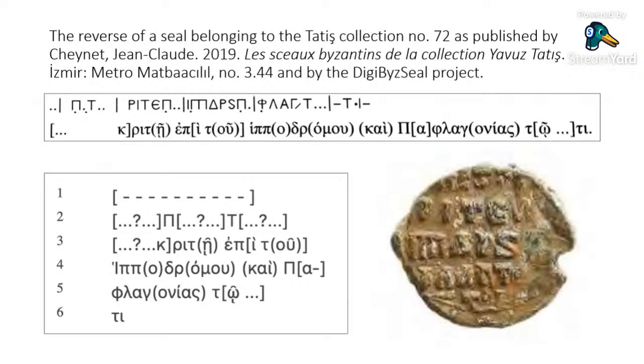This is just an example. I cannot spend too much time on this, but as you can see, this is the seal with different lines. This is what we call a diplomatic transcription. This means the letters and the lines as they appear on, in this case, the reverse of a seal.